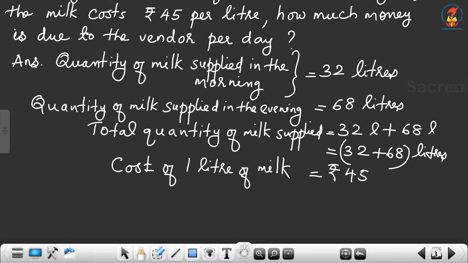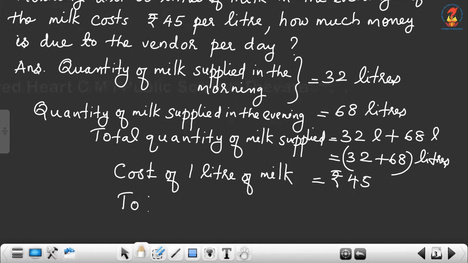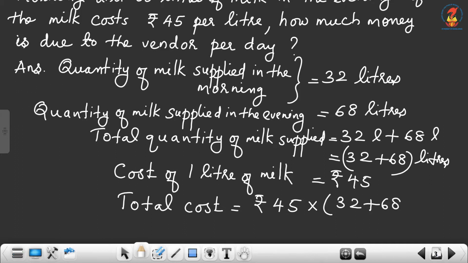So, the total quantity of milk supplied is 32 plus 68 and the cost of 1 liter of milk is 45. So, you have to multiply that 32 plus 68 with the 45. Therefore, total cost is equal to rupees 45 into 32 plus 68.